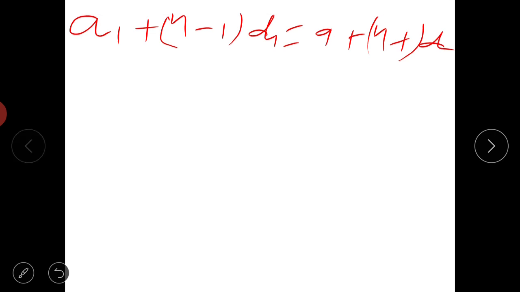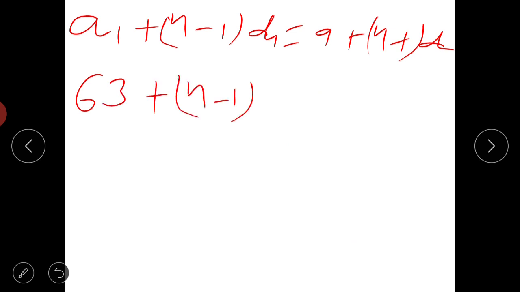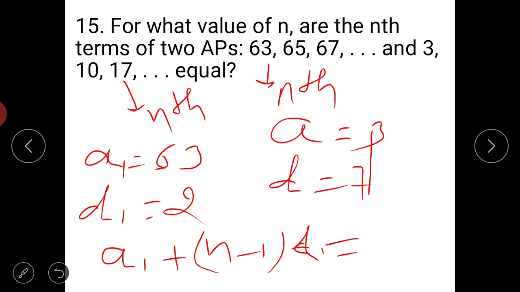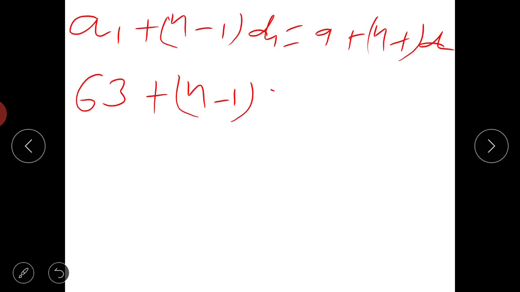The first term is 63 and d1 is 2, so 63 plus n minus 1 into 2 is equal to 3 plus n minus 1 into 7. You can multiply this out, or you can transpose.